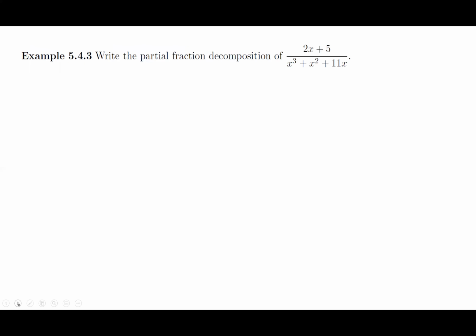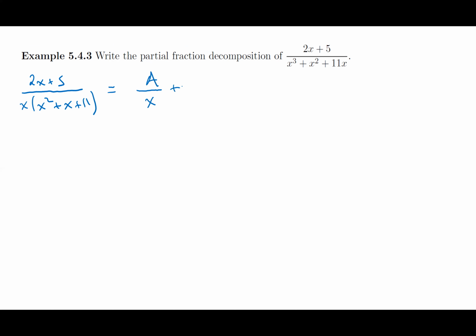So let's see how this plays out. And I've actually combined a couple things in this one because I want you to notice something, right? You could have any combination of these. So I'm going to factor this denominator, x squared plus x plus 11. And then what we have will be something over x.